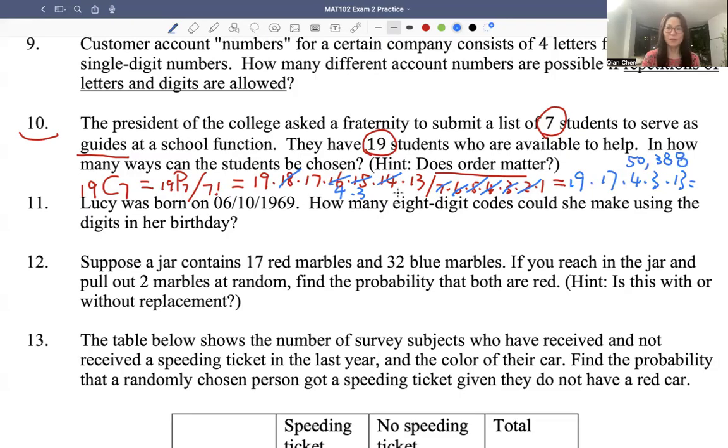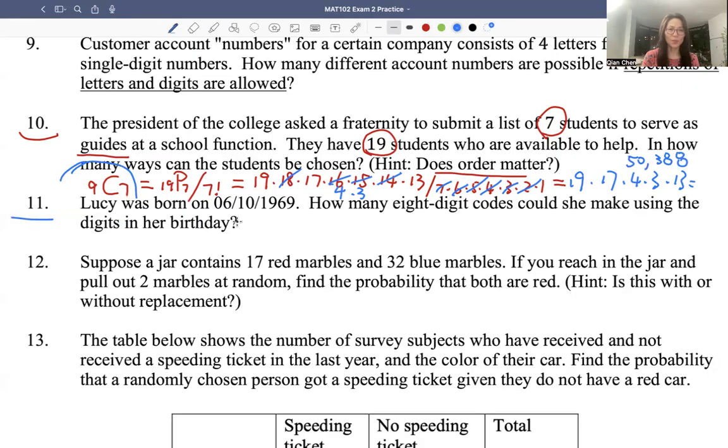So there are 50,388 ways of doing that. Okay, but it's combination. So remember, the order does not matter, so it's a combination. Okay, that's number 10. Now let's look at number 11.